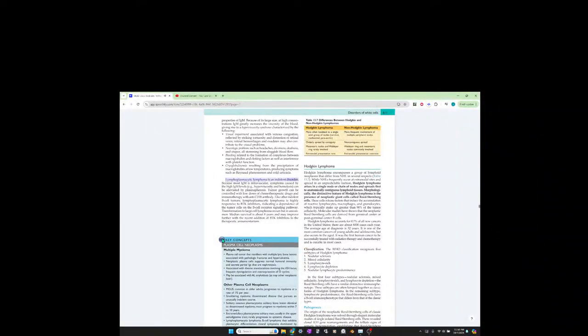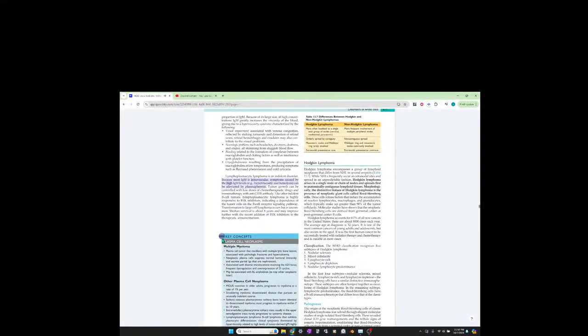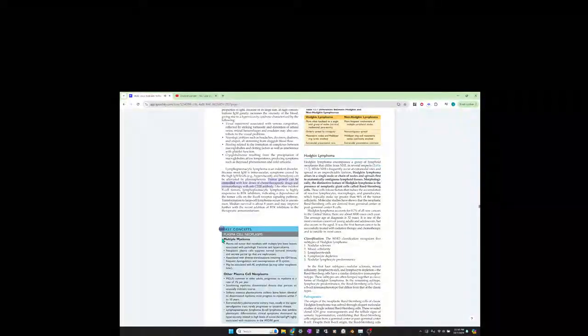Lymphoplasmacytic lymphoma is an indolent disorder. Because most IgM is intravascular, symptoms caused by the high IgM levels can be alleviated by plasmapheresis. Tumor growth can be controlled with low doses of chemotherapeutic drugs and immunotherapy with anti-CD20 antibody.